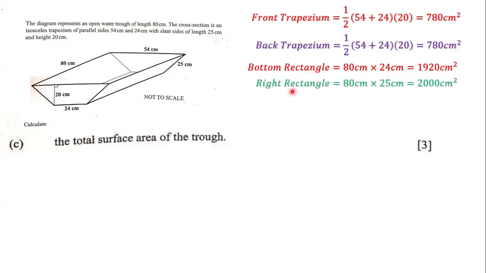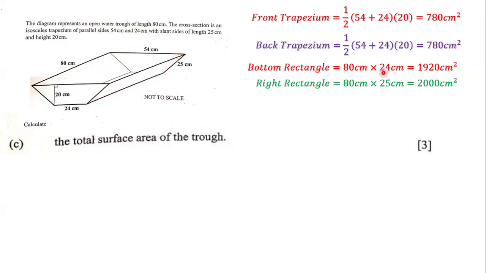Now we need to figure out the area of the right rectangle. This length right here is also 80 centimeters because this is 80, so this one right here is 80 centimeters as well. That's the length, and the width is this 25 centimeters.